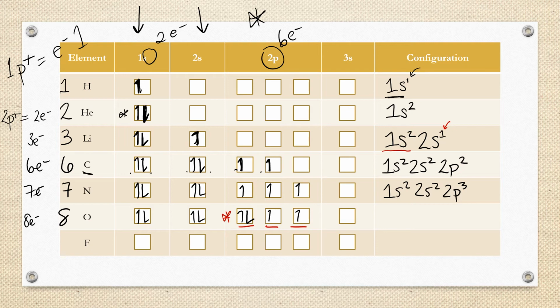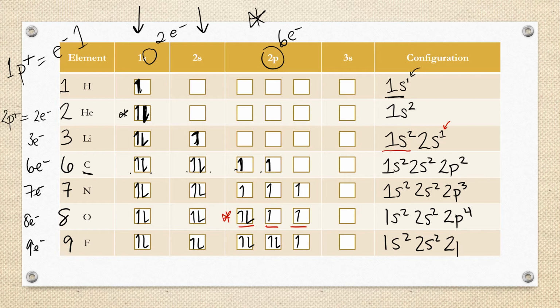So I would write this configuration as 1s2, 2s2, 2p4. And our last one, fluorine, this has an atomic number of 9. So 1, 2, 3, 4, 5, 6, 7, 8, 9. I would write this as 1s2, 2s2, 2p5.